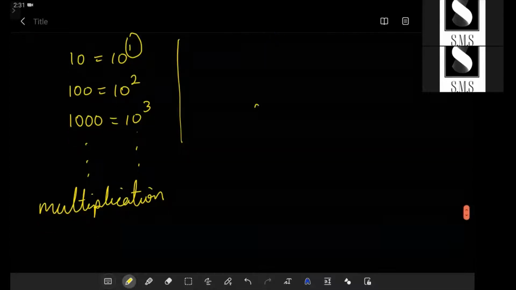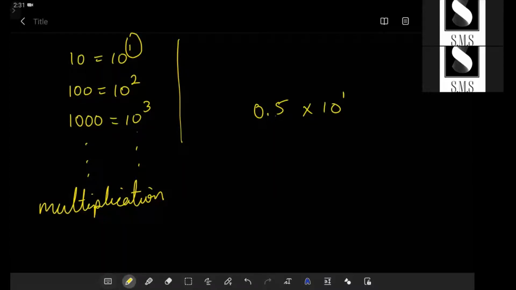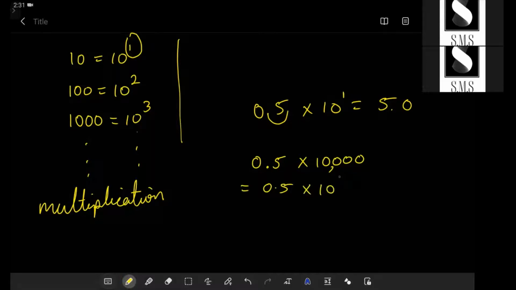So if I have 0.5 and I want to multiply that by 10, this is 10 to the first power. So I move it one space to the right. So this is exactly equal to 5. If you want, you can put 0.0. But if I wanted to multiply 0.5 by 10,000, that's the same as 0.5 times 10 to the power of 4, which tells me I need to move my decimal place 4 places this way.